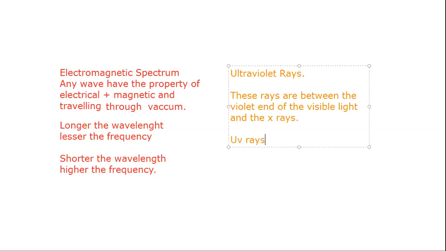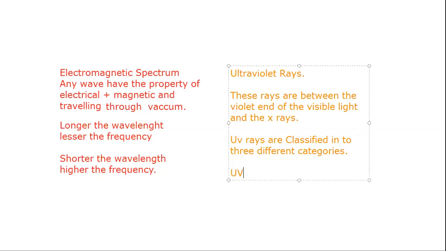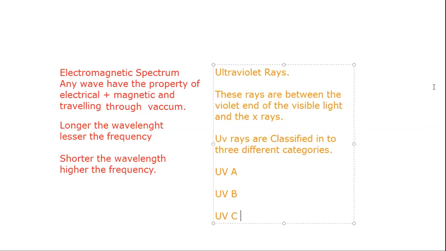UV rays are classified into three different categories based on their wavelength: UVC, UVB, and UVA. It starts from 100 nanometers to 215 nanometers, 215 to 380 nanometers is UVB, and then 380 nanometers to 400 nanometers. So this is what we have discussed about ultraviolet rays.